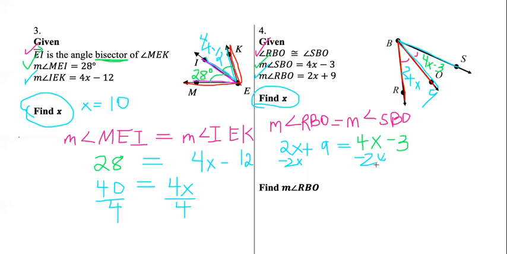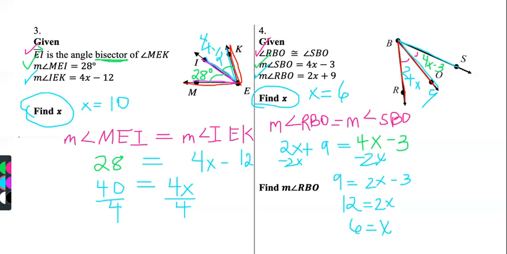We're subtracting 2x on both sides, leaves us with 9 equals 2x minus 3. Adding 3 to both sides should leave you with 12 equals 2x. And then dividing both sides by 2 should leave you with 6 as your answer for x. So x equals 6. Any questions?